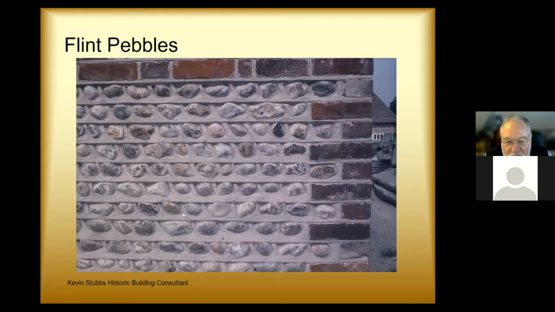And in areas in the southeast corner of Hampshire into Sussex, East Sussex, you find this in the 19th century, this very peculiar technique of striking out the joints to look like brick jointing.